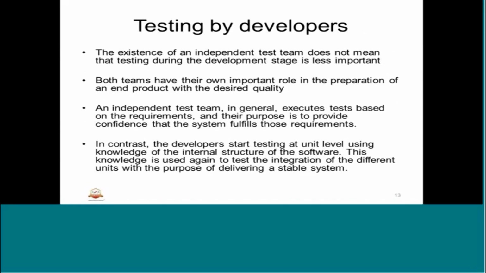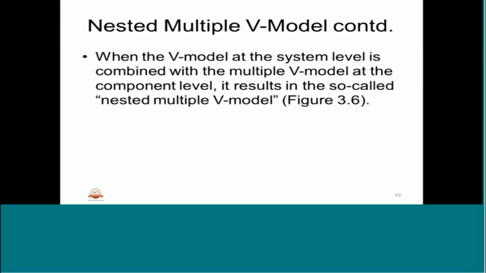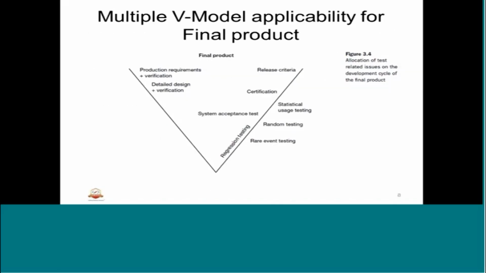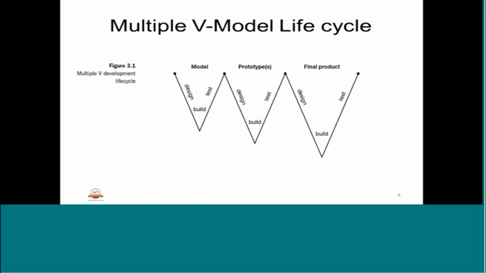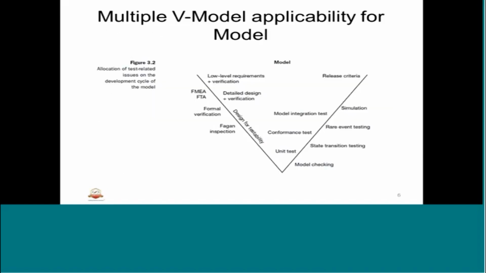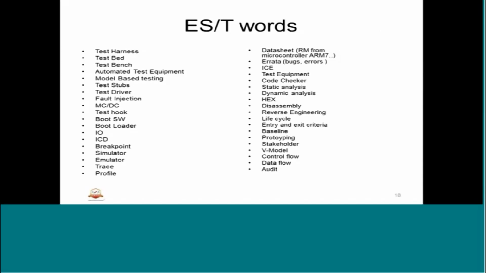Anything that we want to highlight, we can do it. I think we have taken care of all this. V model we have listed out. Okay, so that is about some of the words. Why I am going through these words each session is to keep them in mind as a tester, so that we will not forget. This will be part and parcel of the embedded software tester. That's why it is important to have this.